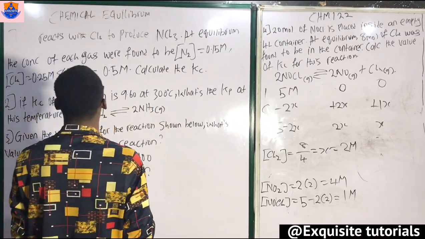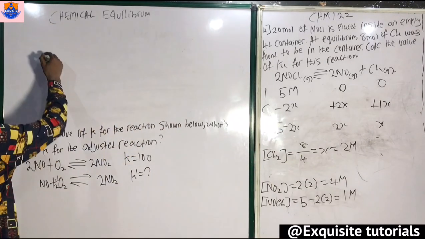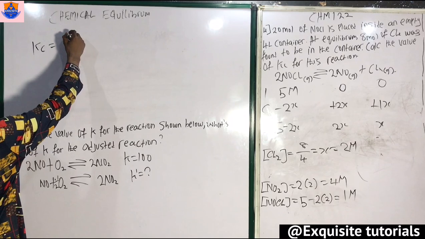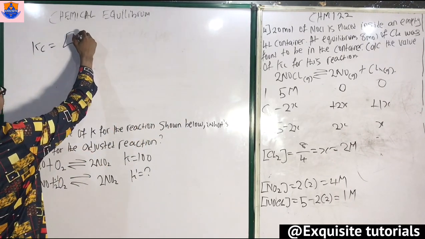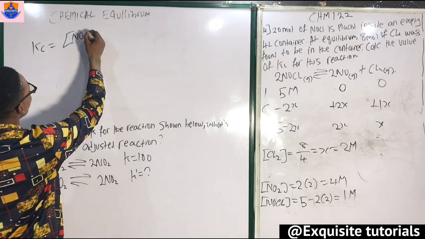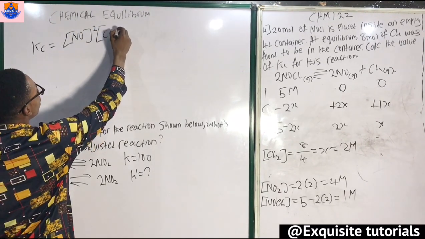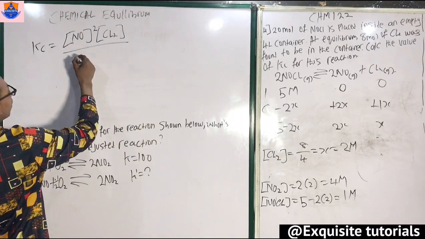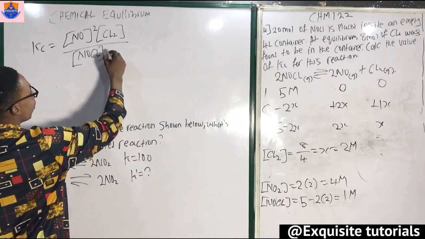Now let's find the Kc. Kc will be equal to the concentration of the products, NO raised to the power 2, times Cl2 raised to the power 1, over the concentration of NOCl raised to the power 2.